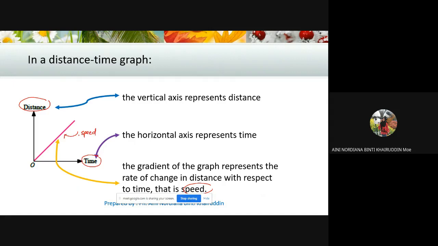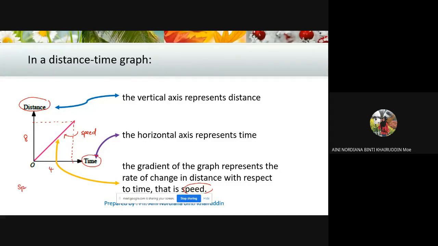Okay, macam mana nak cari gradient? Dah belajar dah masa form 3. Gradient, contoh nak cari gradient untuk line ni. So you buat je macam ni. Dia punya formula paksi Y bahagi dengan paksi X. Katalah sini 8, sini 4.